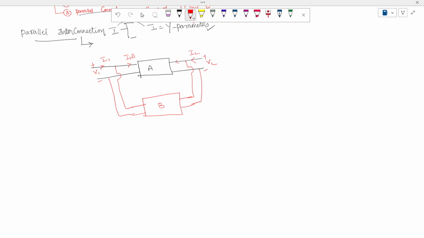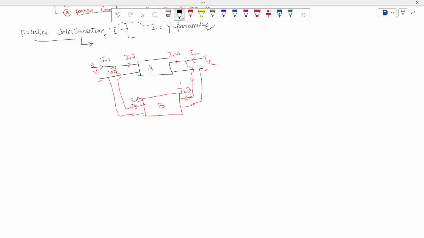The current into this two-port network is I2A, and the current in this branch is I2B. The current in this branch is I1B. Therefore, here current division occurs.